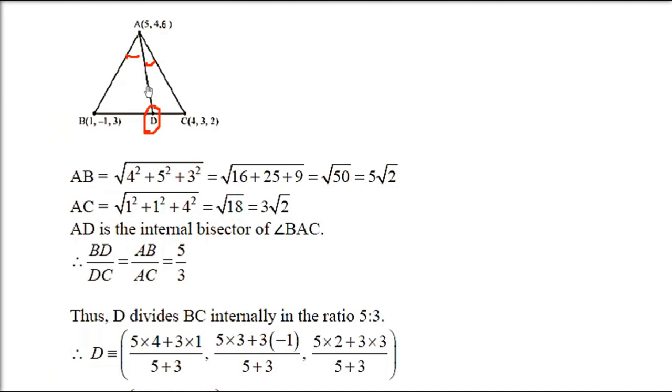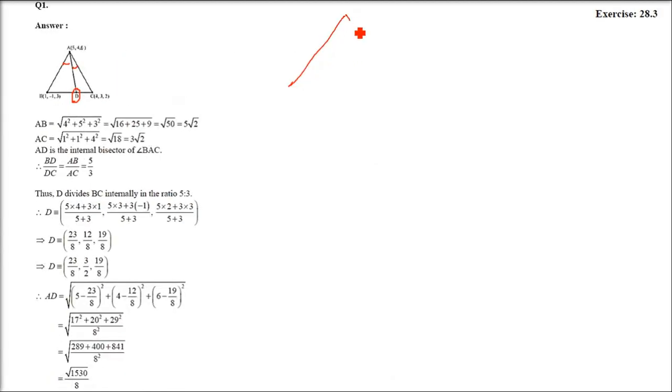Now AD is the internal bisector. There is a property that whenever we have an internal bisector of an angle, the point it touches on the opposite side divides it in a ratio equal to the ratio of the sides holding the angle.